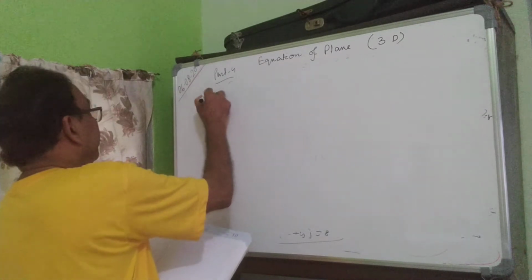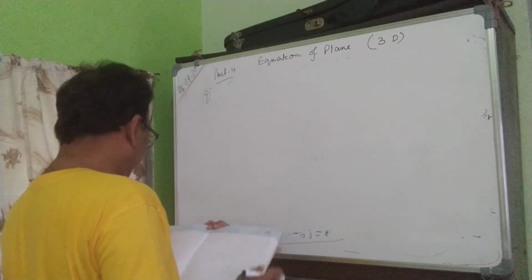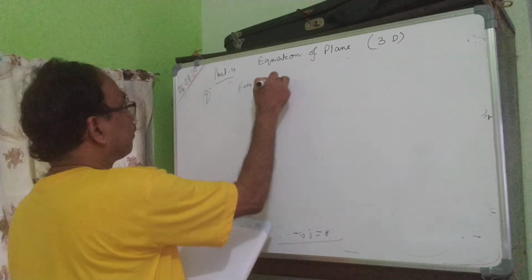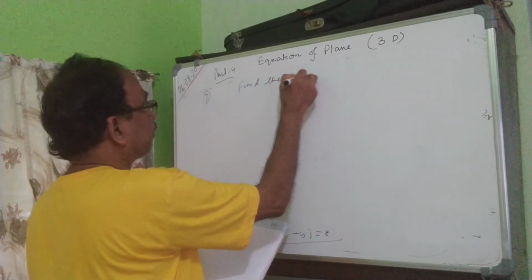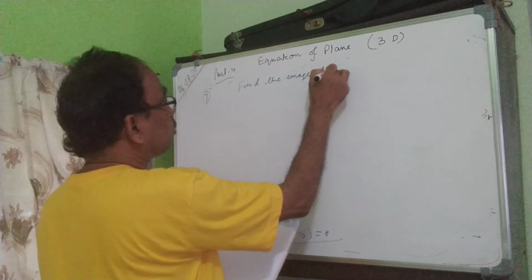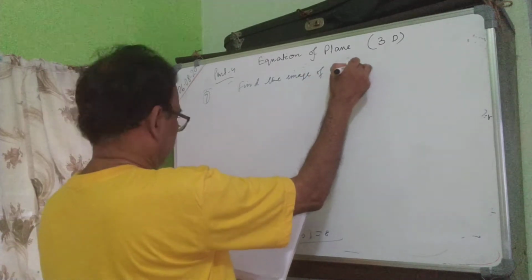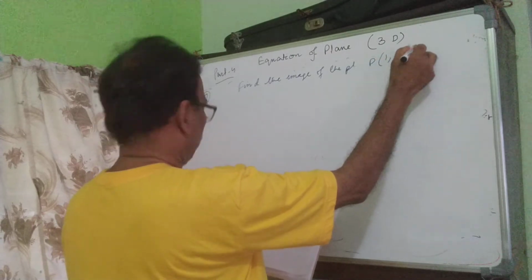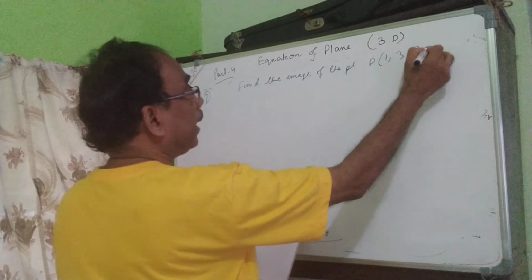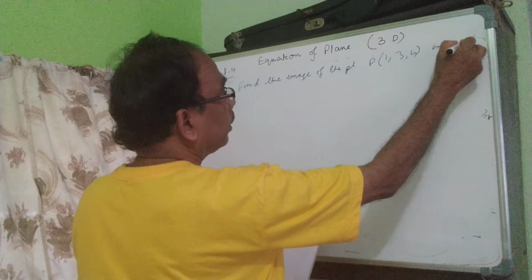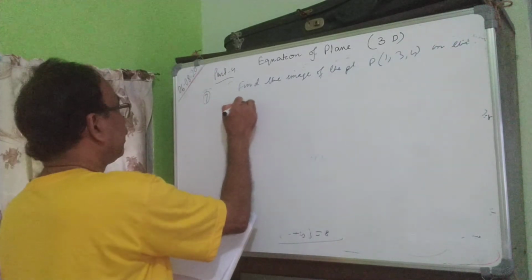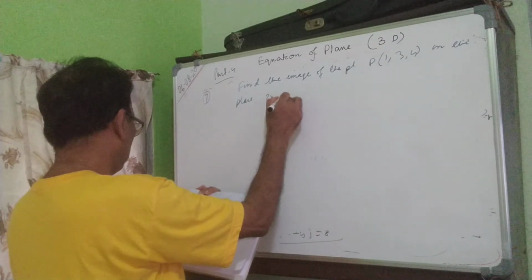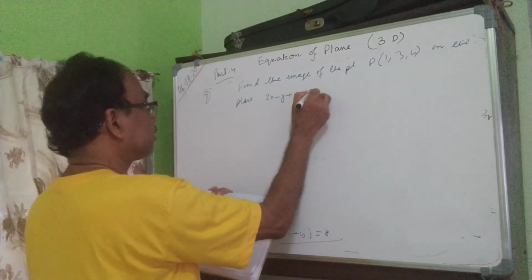Question number 7. Find the image of the point P(1, 3, 4) in the plane 2x - y + z + 10 = 0.